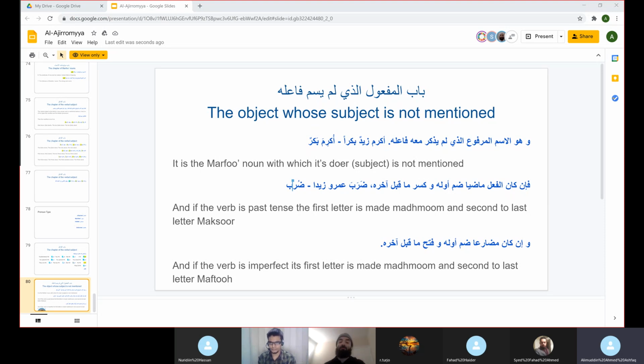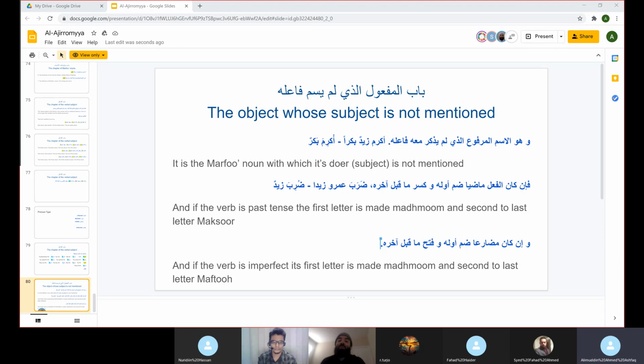Does this make sense? Yes, Sheikh. Sheikh, I might be mistaken over here, but have we ever defined the terms madmum and maksur before? Remember, I told you the idea behind it, but we did not talk about these words specifically.